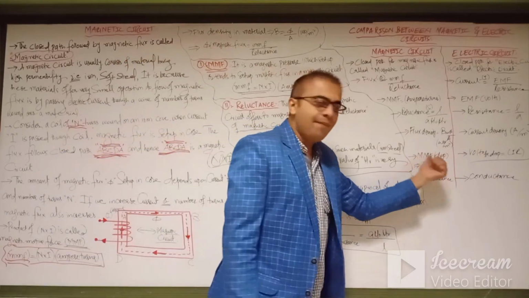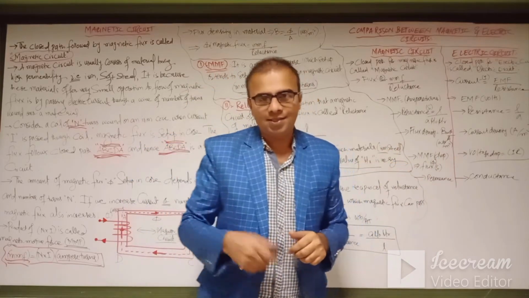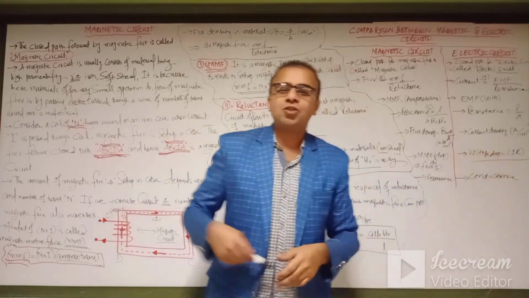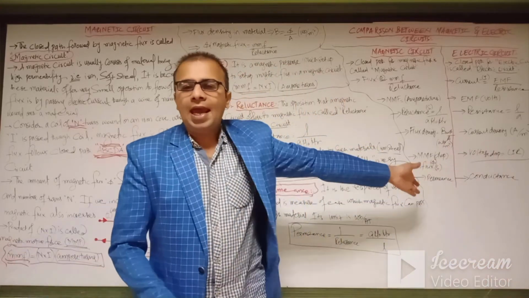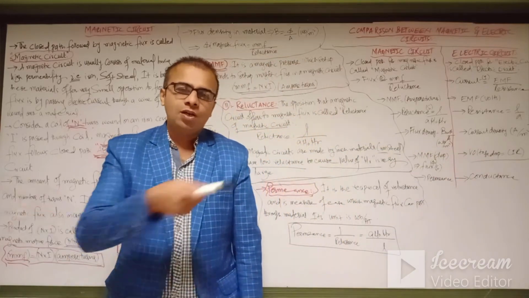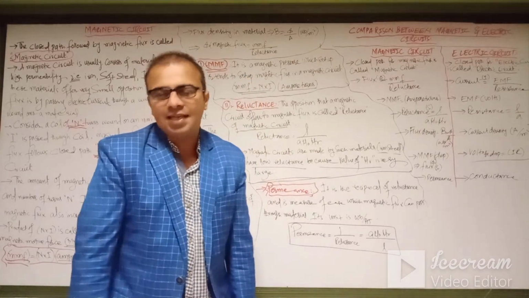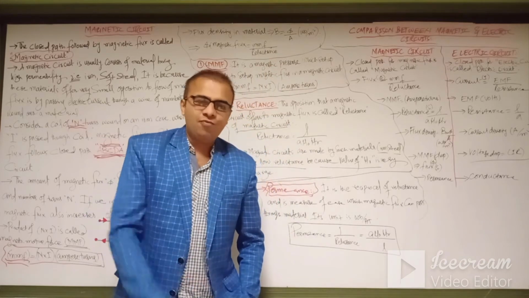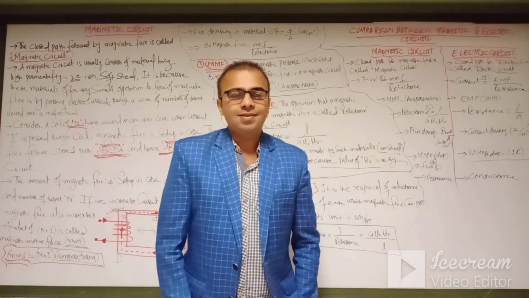The MMF drop in the magnetic circuit is the flux multiplied by the reluctance, where reluctance is denoted as S. The voltage drop in the electrical circuit is IR. Lastly, permeance in the magnetic circuit is the ease of setting up flux in the core, and in the electrical circuit there is conductance.